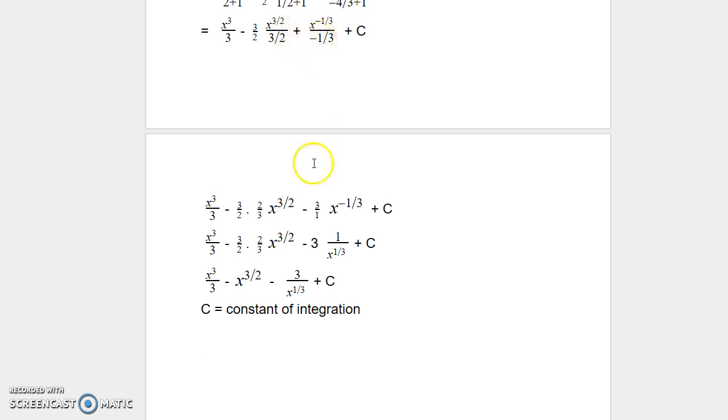Positive divided by a negative is going to be a negative, and 1 over 3, when it flips over, is going to look like 3 over 1, and then we have x to the power of negative 1 over 3 plus c.